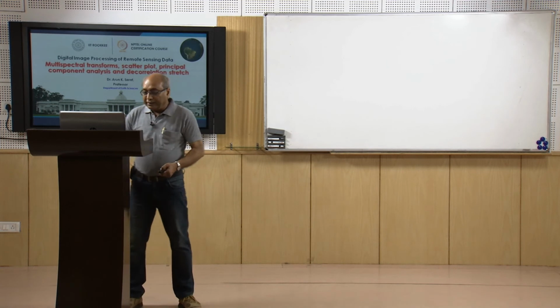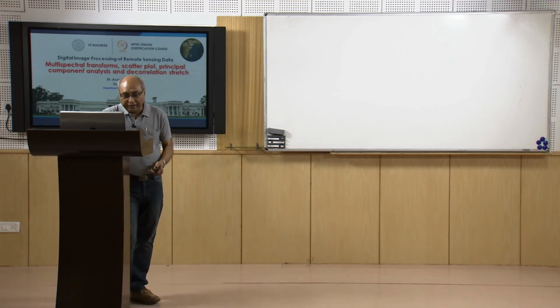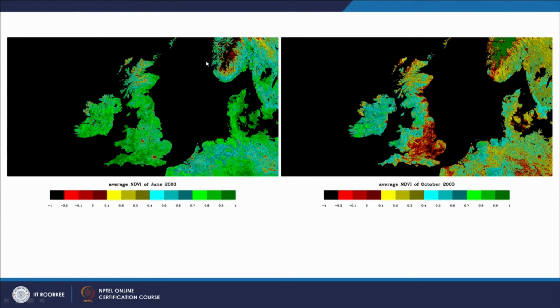And these are examples at continental scale or country scale, the UK and Northern Ireland and some part of Europe. So this is the NDVI of June 2003, this is the NDVI of October 2003. You can see how the NDVI has increased or decreased.